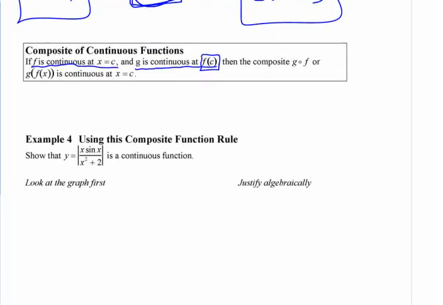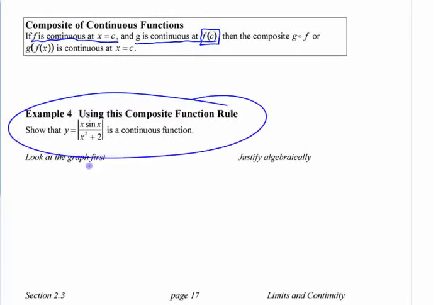Anyways, I put this one in here, but I don't know how useful this is. It's a big weird combination of a bunch of things, all of which are continuous, right? Absolute value of something. If you look at the graph, you'll see it's continuous. If you want to argue algebraically that it's continuous, you have to start by saying the absolute value function is continuous, and this is the product of two continuous functions, so it's continuous.